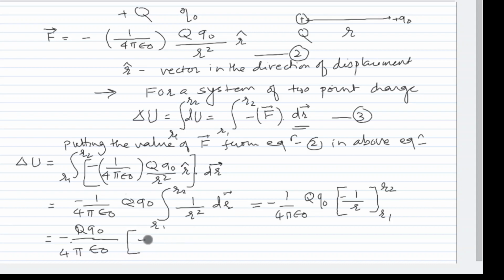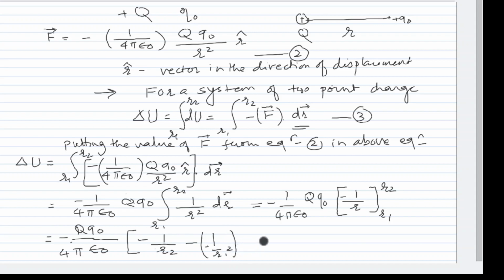First of all we have to write here the upper value, so we are putting here 1 upon r2. Minus, according to integration sign this minus is there, and minus of, again here we will write the lower value, that is r1.